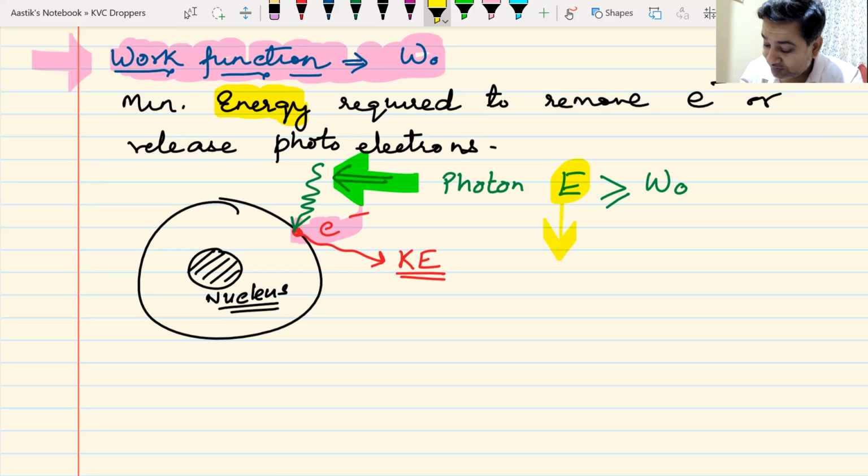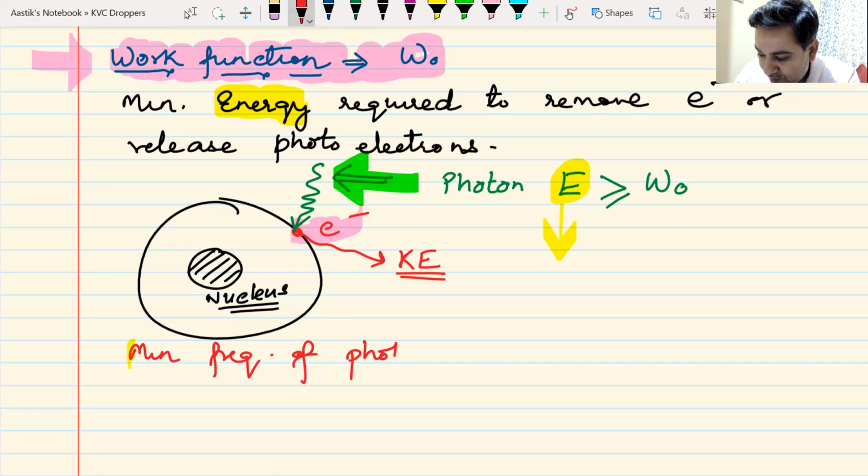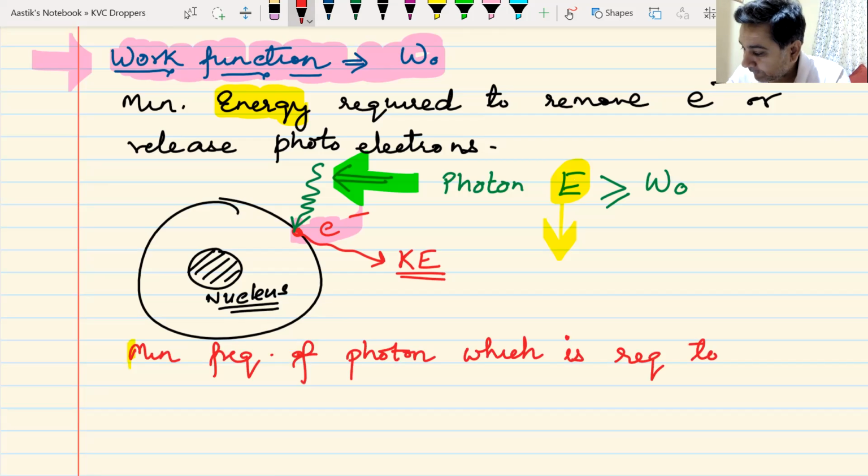That minimum frequency of photon, I hope everyone is writing this, that minimum energy of the photon which is required to liberate electrons, should have some name. Yes or no? Yes, sir. And that name is known as?